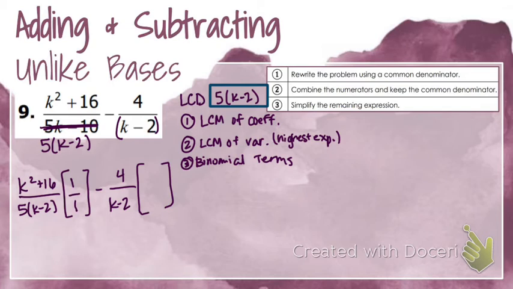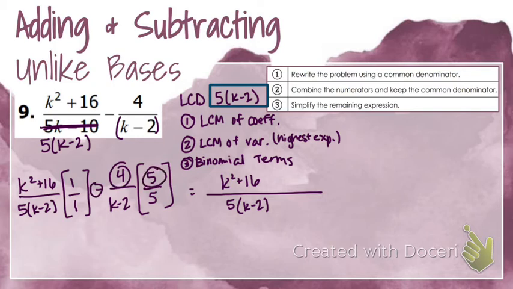All right, and then to get k minus 2 to equal our LCD, we have to multiply by 5. So this is going to be k squared plus 16, because it doesn't change. It's all going to be over 5 times k minus 2. And then we have negative 4 times 5. So we get minus 20.